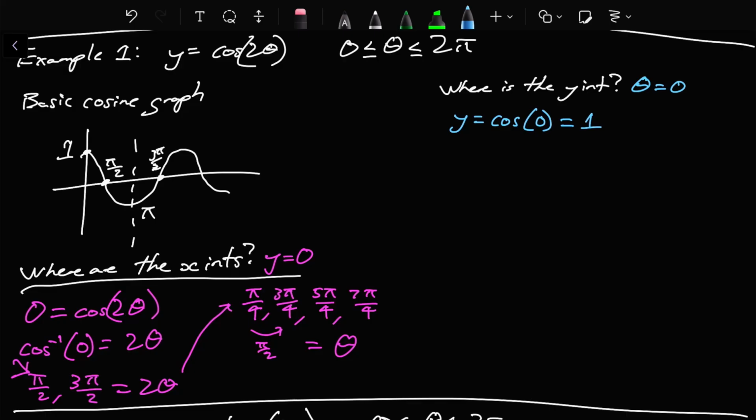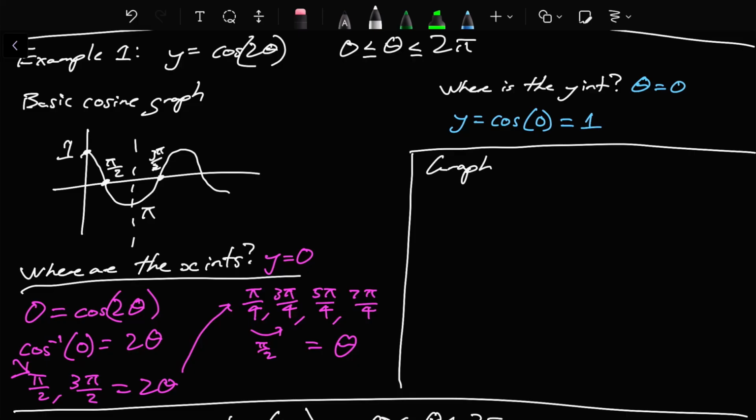Okay, so we can graph it now. So we say the graph is like this. Okay, and we're going to go from 1 down to -1. It's going to kind of do this.